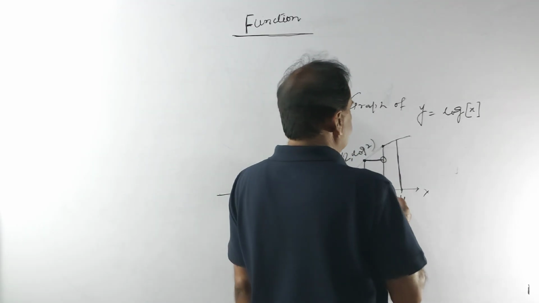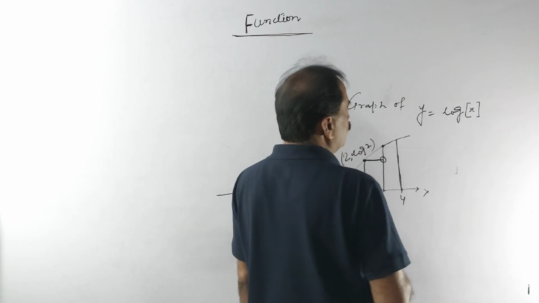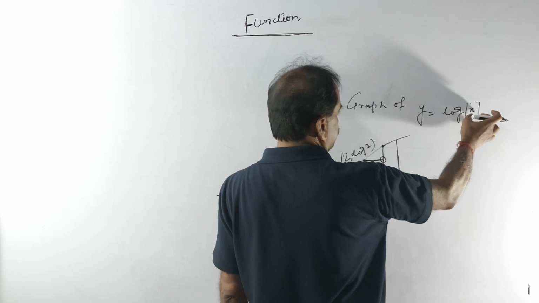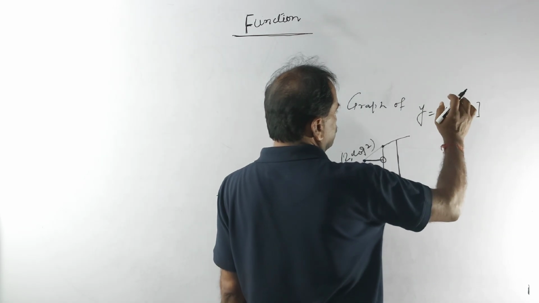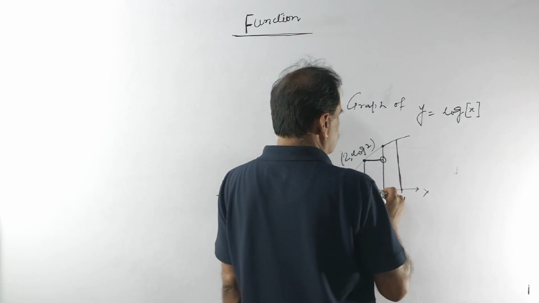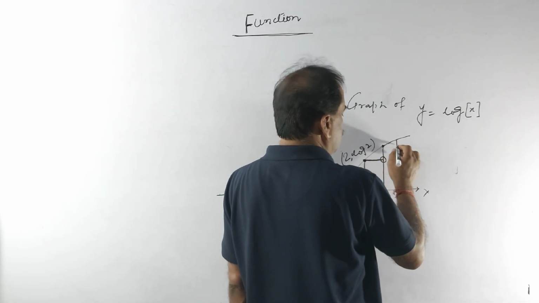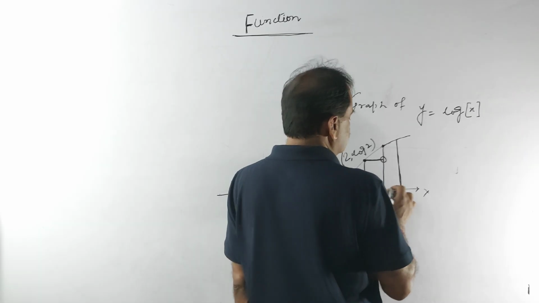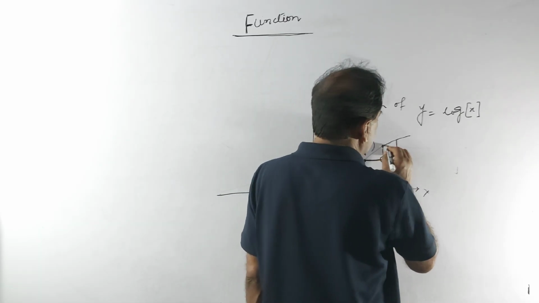When we take the value of x between 3 and 4, the integral part of a number lying between 3 and 4 must be equal to 3, so y equal to log 3. At x equal to 3, y equal to log 3, and for x between 3 and 4, y must be equal to log 3.